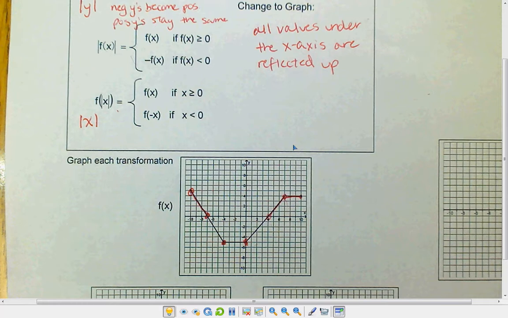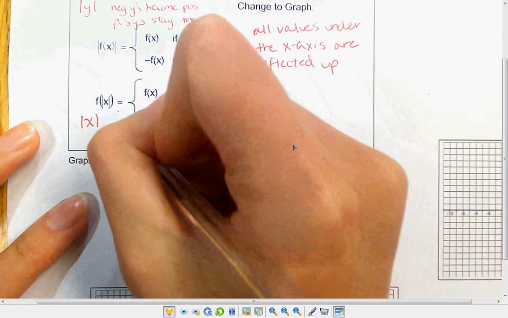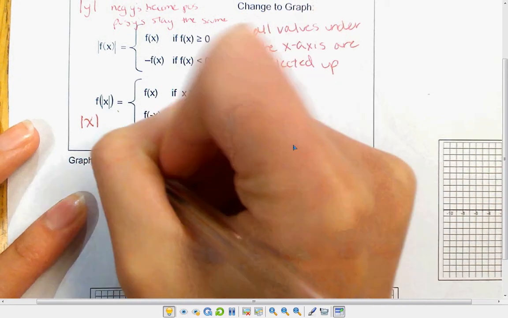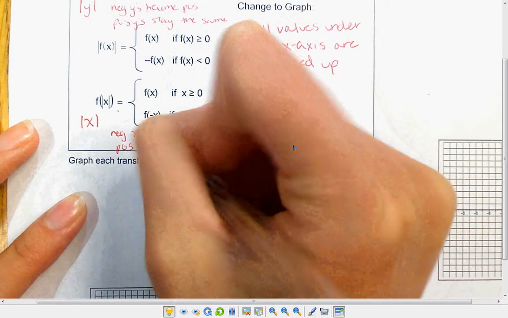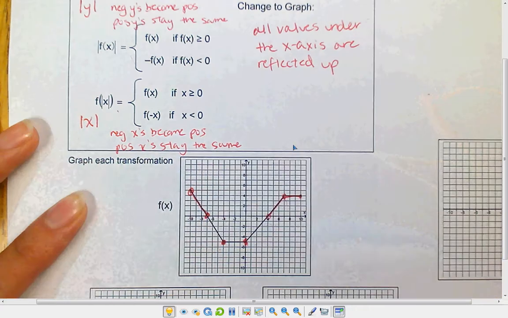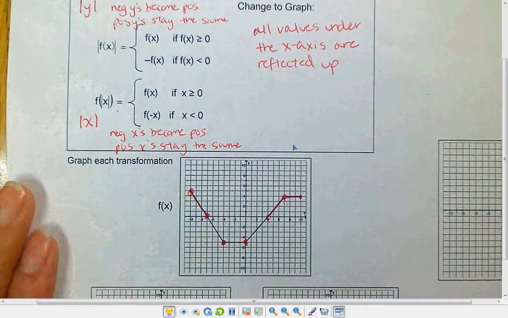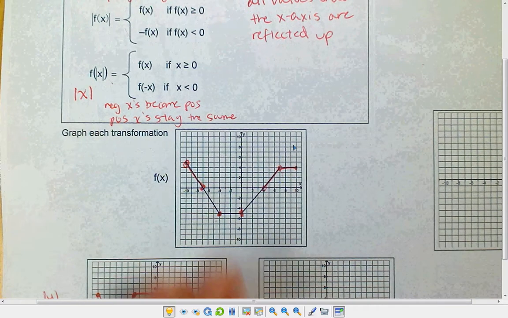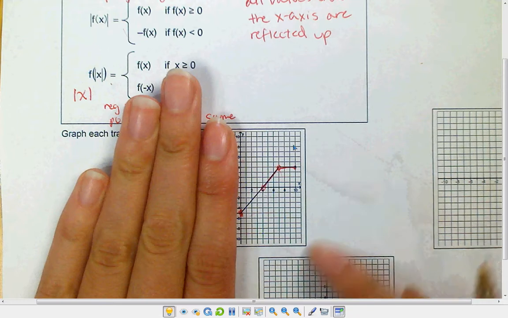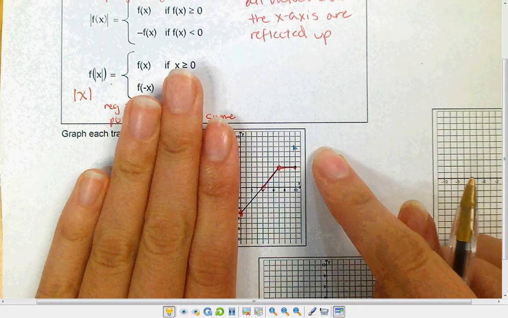So now it's affecting your x. Similarly, your negative x's are going to become positive, whereas your positive x's stay the same. Let's look at what this looks like when your positive x's stay the same. This time, your positive x's are on this side of your y-axis, so this side of your graph is going to stay exactly the same.